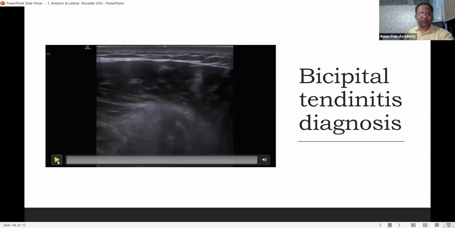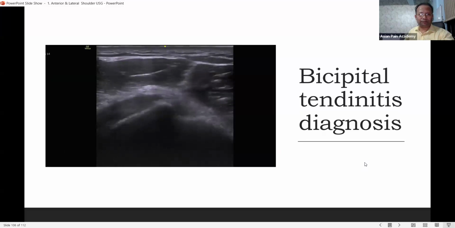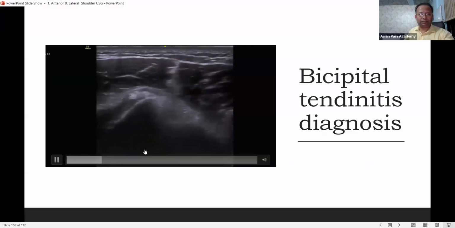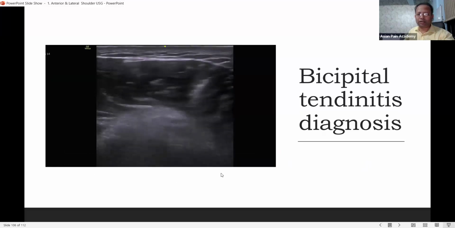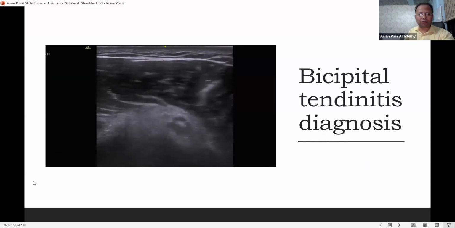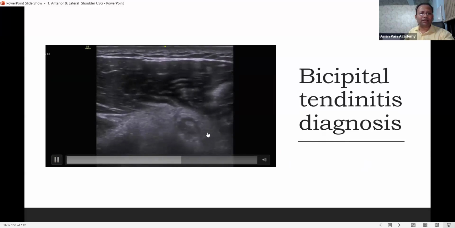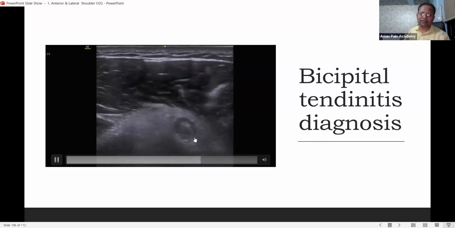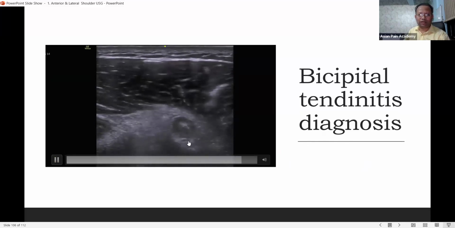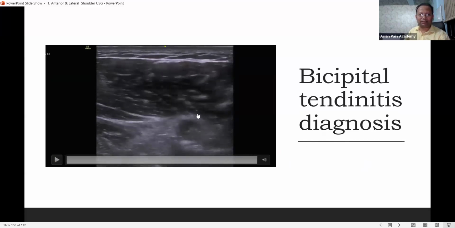Bicipital tendinitis diagnosis. Of course, this is only a short axis view. Long axis view is not there, but you can see a typical picture. This actually doesn't tell you tendinitis. This tells the peribicipital tendon effusion. Very nice picture.